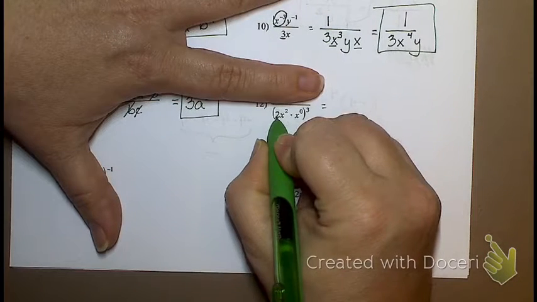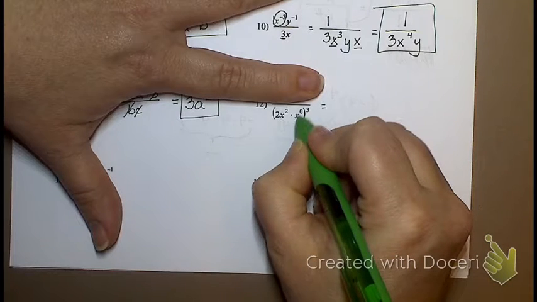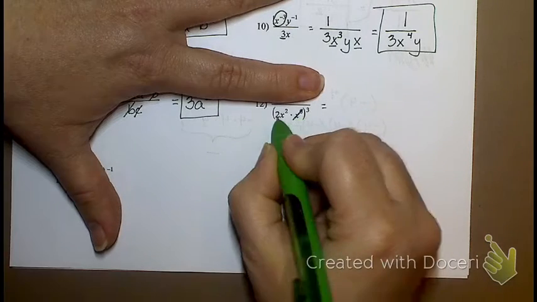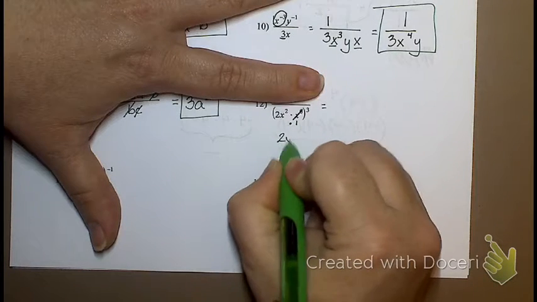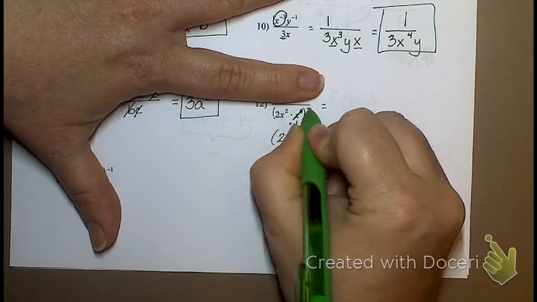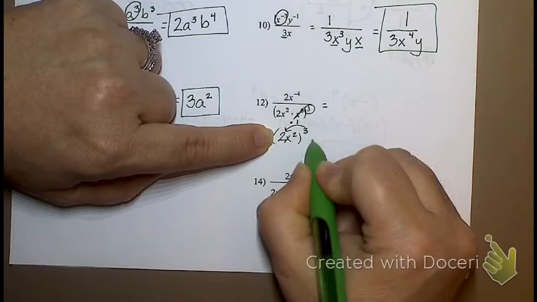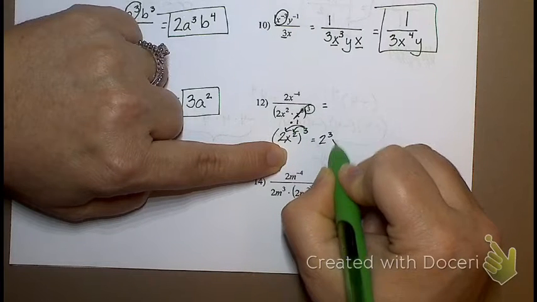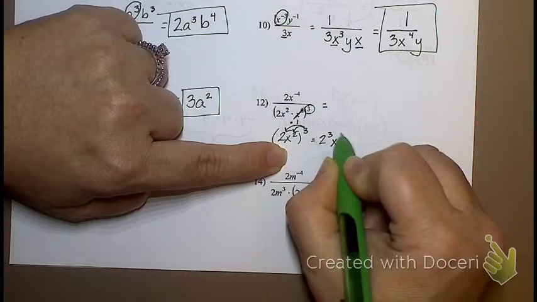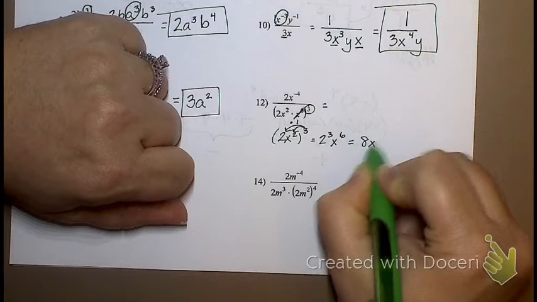So, I have 2x squared times x to the 0. What do I know about x to the 0? 1. So what's 2x squared times 1? 2x squared, right? And then I have this cubed outside. So doesn't that mean that I really have 2 cubed and x to the 6th on the bottom, or in other words, 8x to the 6th?